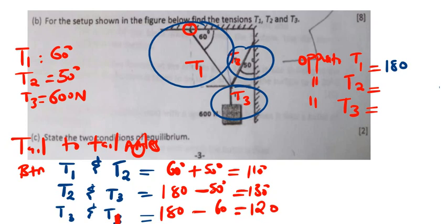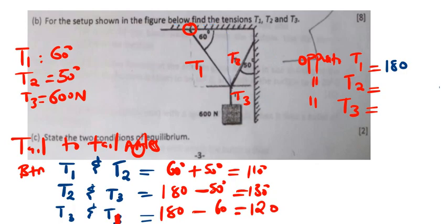So basically those are the angles that are opposing T1. Okay, so we are going to subtract the one that T2 and T3 gave us, a 130. So I'm going to subtract 130.